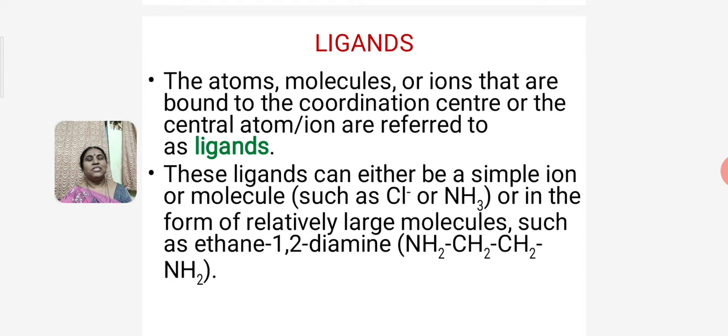For example, Cl-, NH3, etc. are very small, simple molecules or ions that can act as ligands. There are some molecules which are very large that can also act as ligands. For example, ethane-1,2-diamine is a large molecule which can act as a ligand.